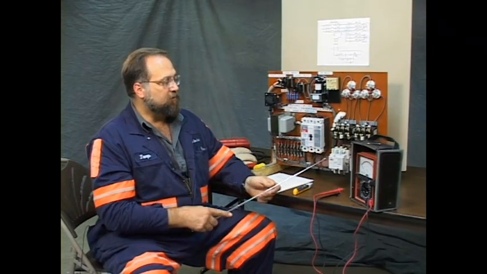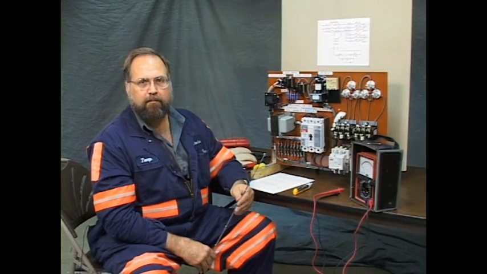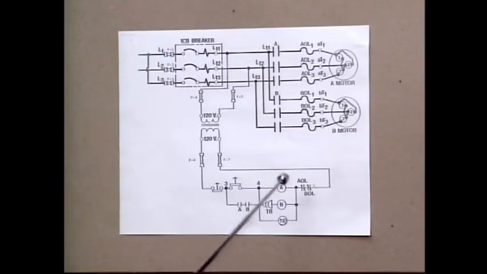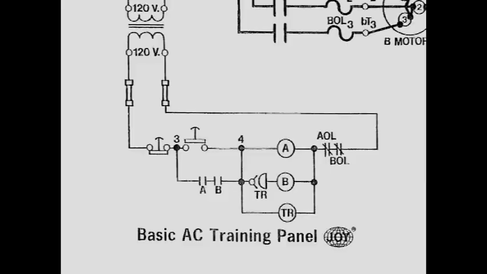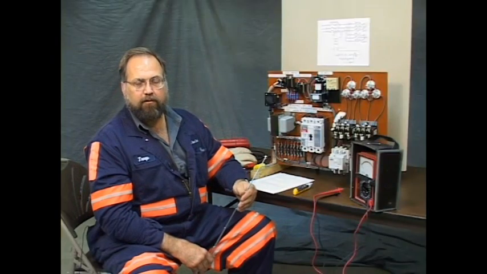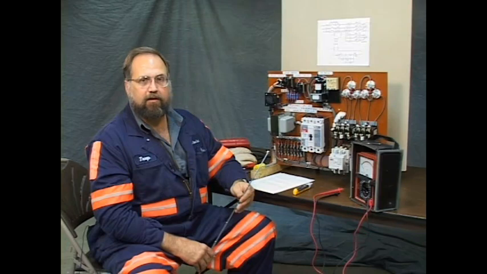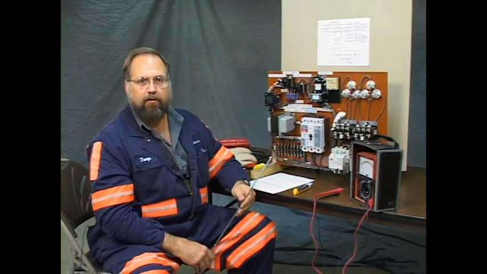The contactors are equipped with return springs that push the contact tips apart, take the current away from the motor, and stop it. Note that AOL and BOL are in series. By in series, that means there's one path for current to flow. Current has to flow through both overload contacts in order for either coil circuit to have a return. So if either motor is overloaded, both motors stop.